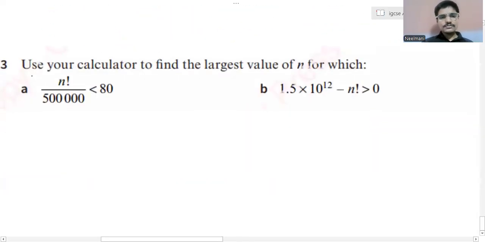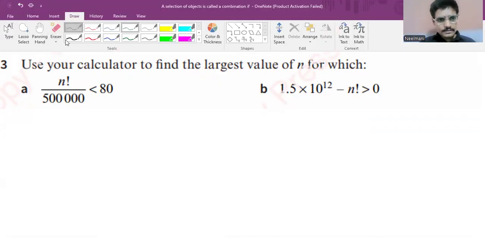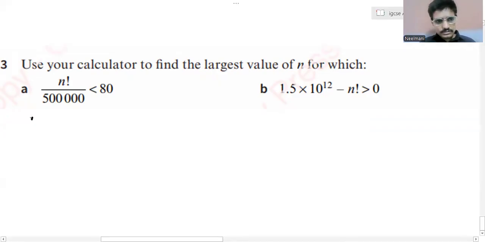Talking about the first sum, right? If you see here, n factorial is less than 80 into, this is 5 into 10 to the power 5.